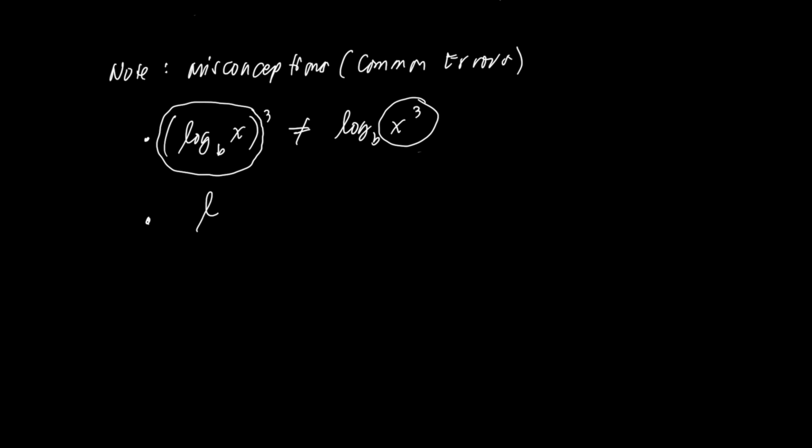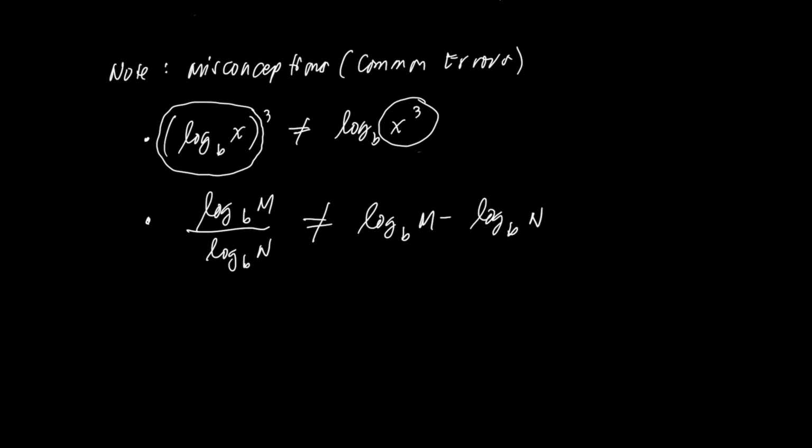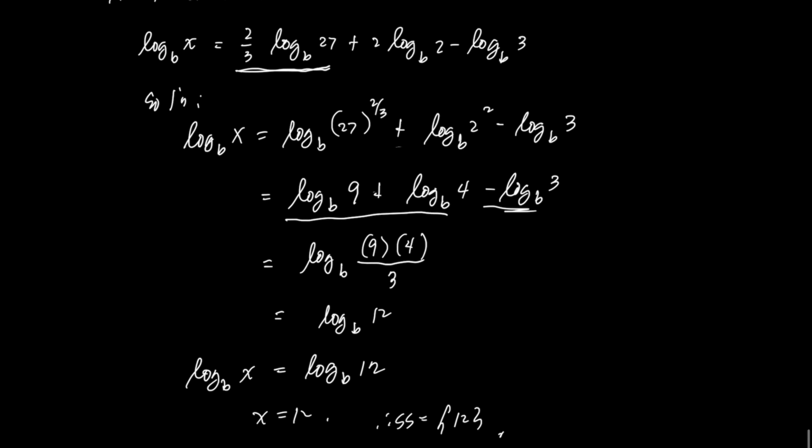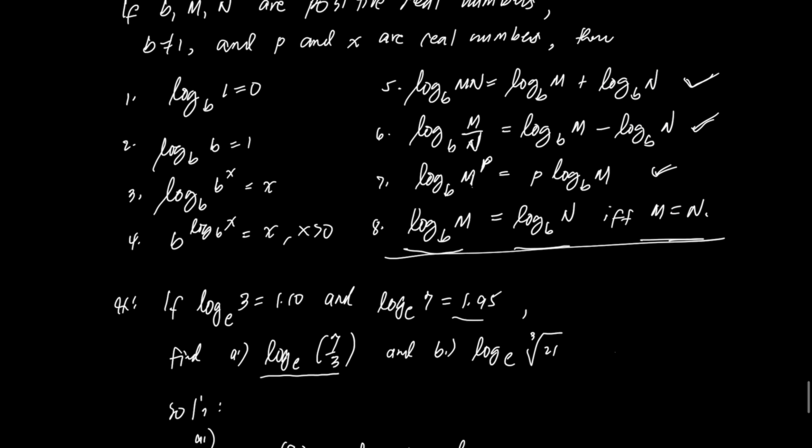Next, log to the base b of m over log to the base b of n is not equal to log to the base b of m minus log to the base b of n. Take note here, you are getting first the logarithm of m, then logarithm of n. In our rule, it's the logarithm of m over n, applying to log m minus log n.